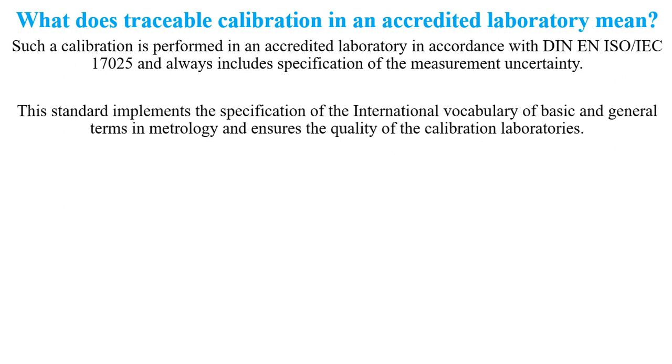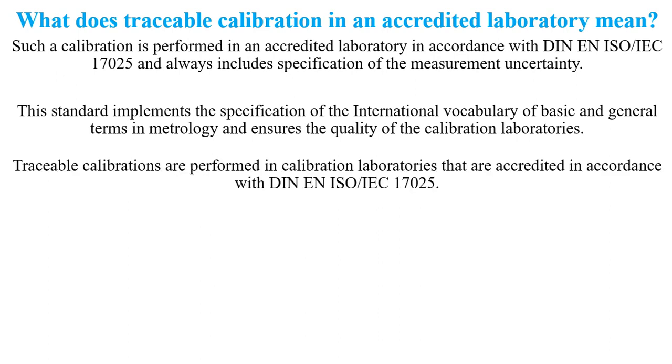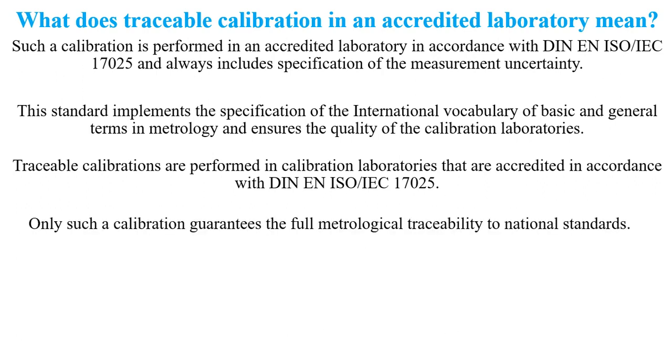This standard implements the specification of the international vocabulary of basic and general terms in metrology and ensures the quality of the traceable calibration laboratories. All these details I'm giving you are based on DIN and ISO IEC 17025. Only such calibration guarantees the full metrological traceability to national standards.